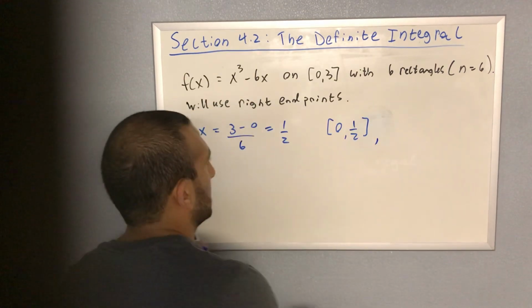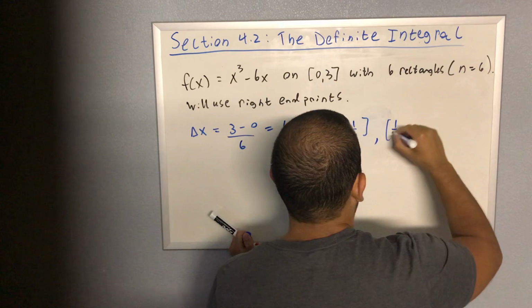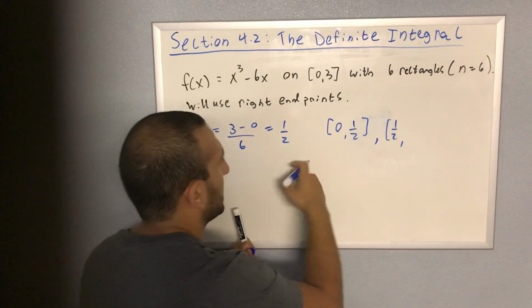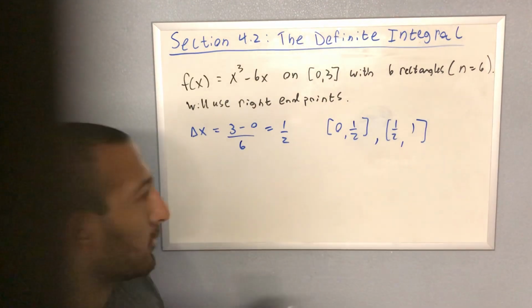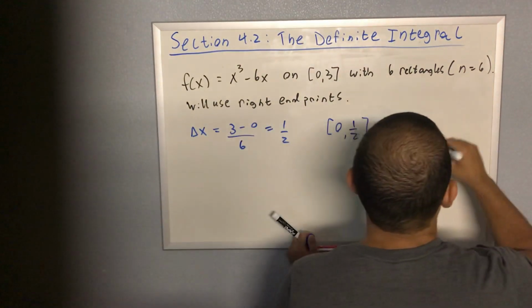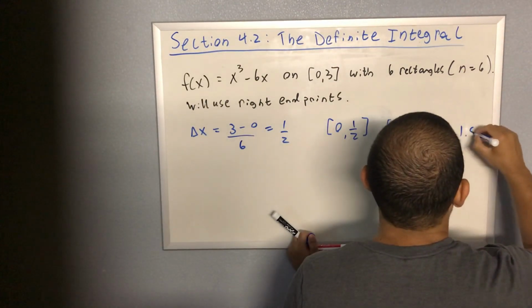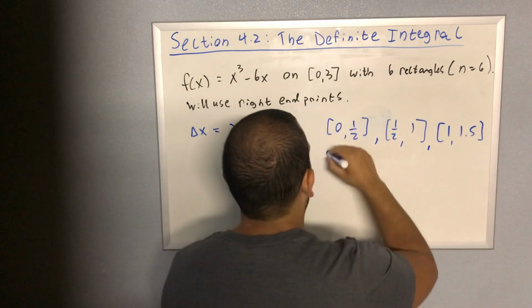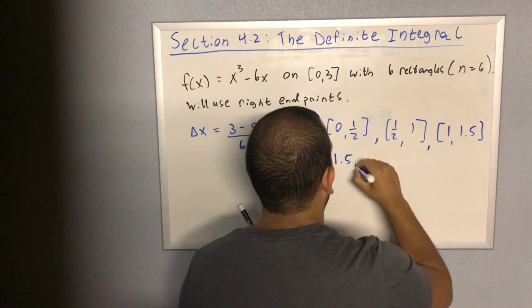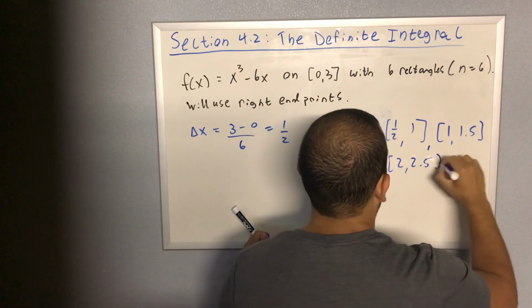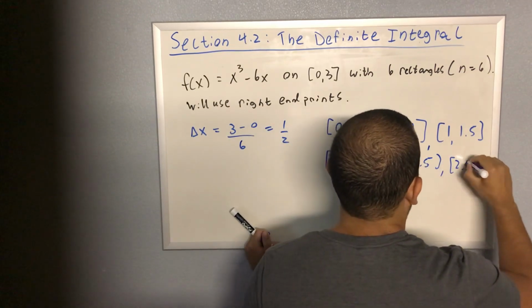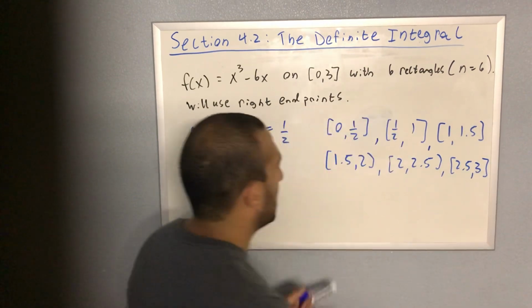Then the second one, you start at 1/2 again, and then you add delta x, so you get to 1. So 1/2 plus 1/2 gives you 1. And then if you repeat this, we get 1 to 1.5, and then 1.5 to 2, 2 to 2.5, and then 2.5 to 3.